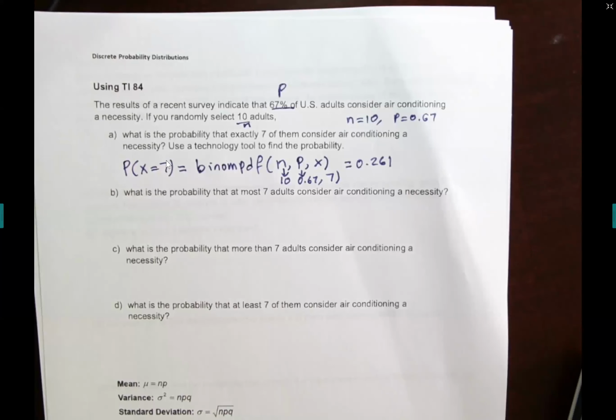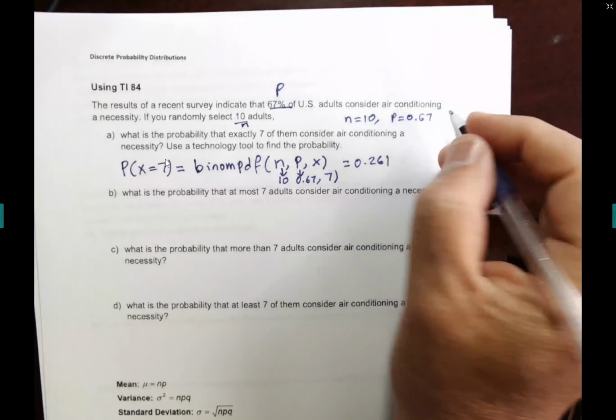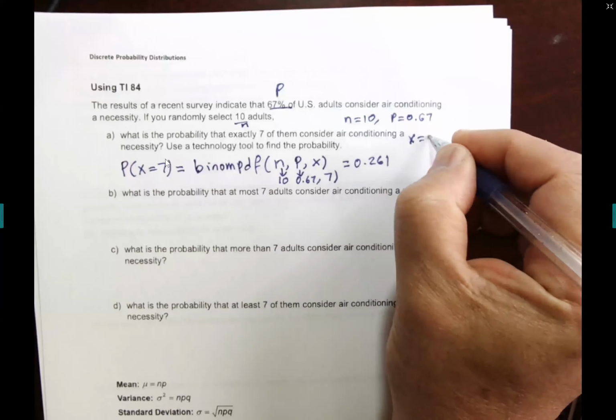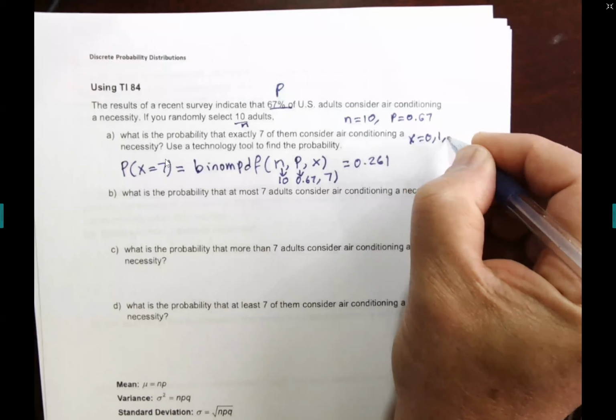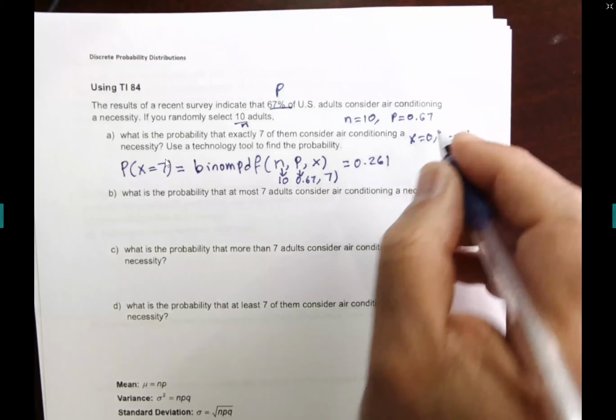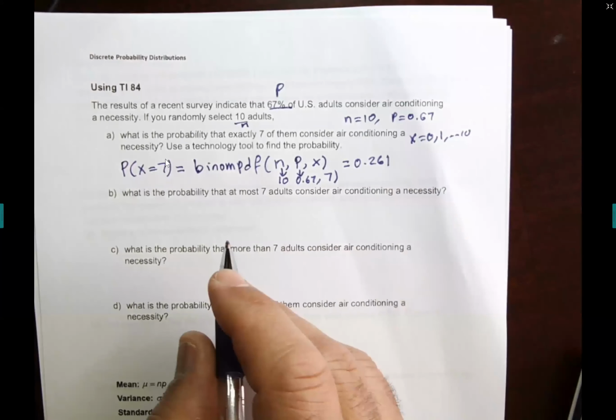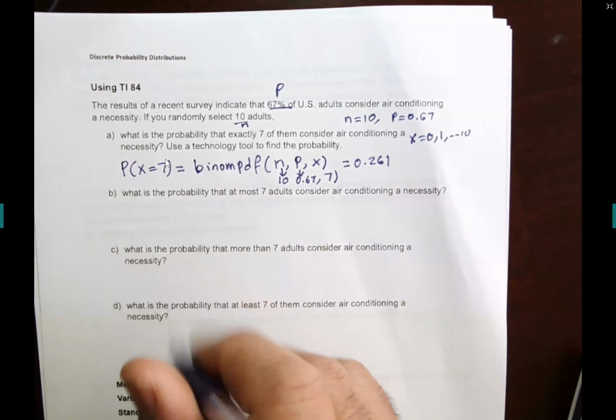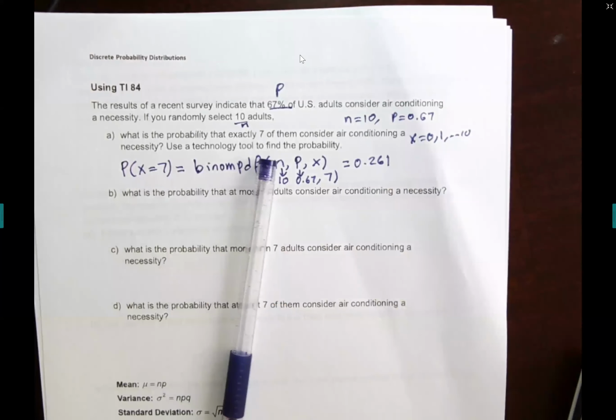What does it mean exactly? None of them. X is what? Guys, you know X, as I told you, starts as low as 0 and goes all the way to 10. When I say none of them consider air conditioning a necessity, X is 0. Let me answer this question.